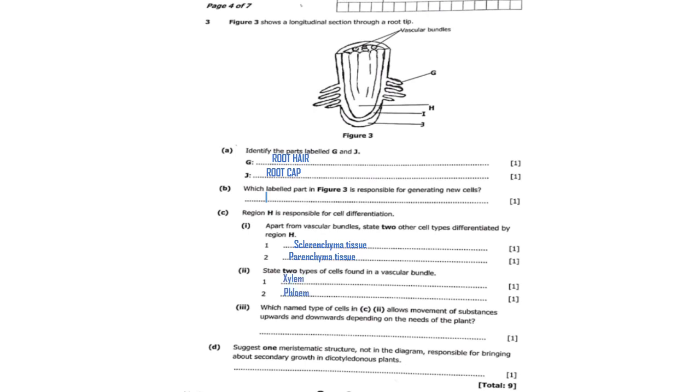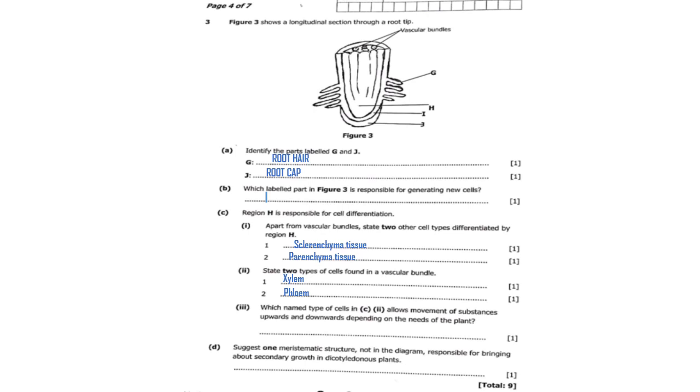C3. Which named type of cell in C2 allows movement of substances upwards and downwards depending on the need of the plant?